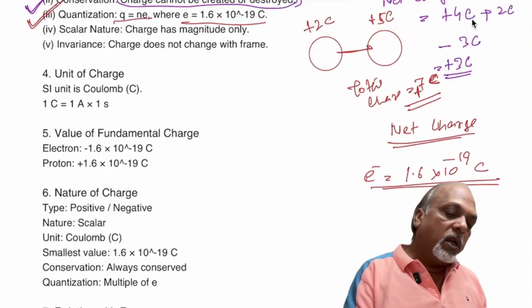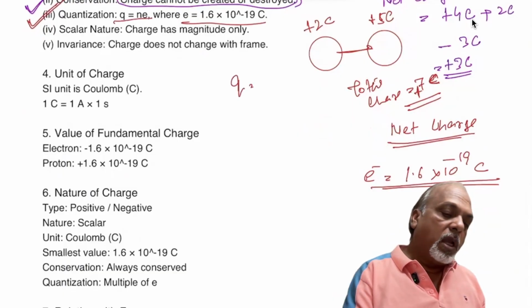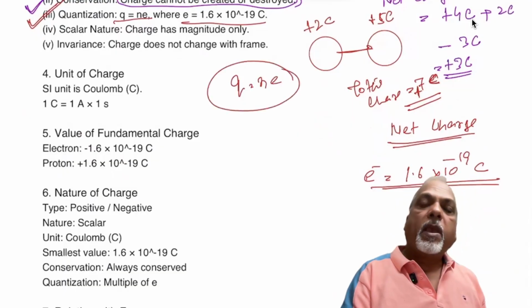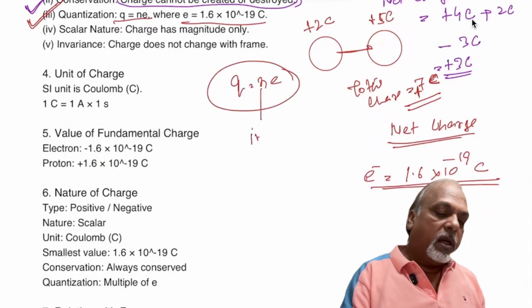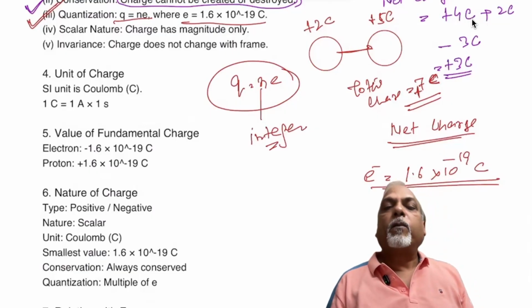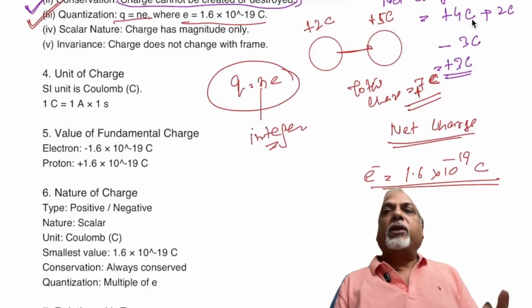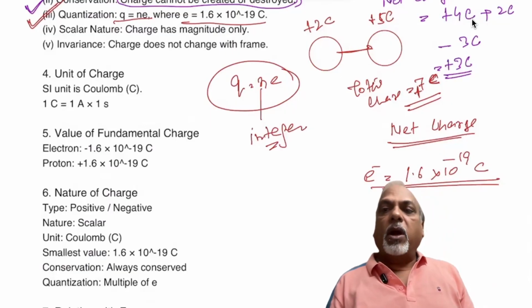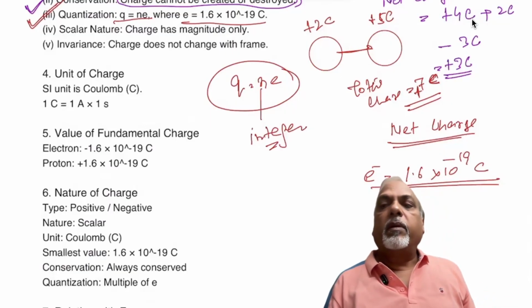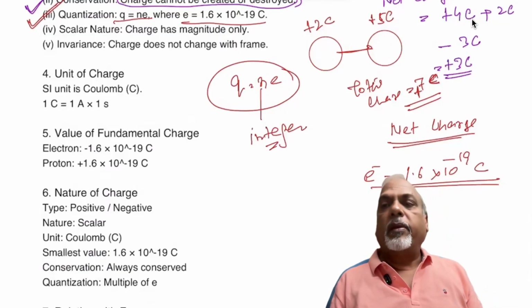Like Q is equal to ne, where n is an integer. Correct. So it has to be in a multiple of this.